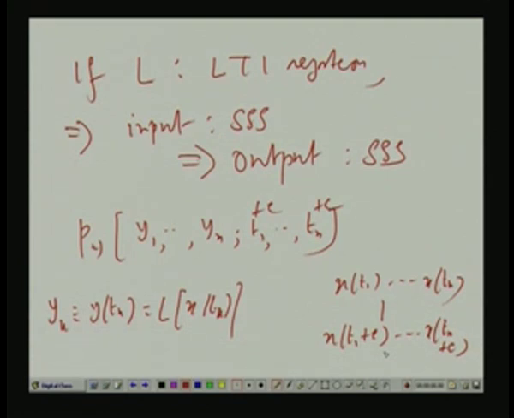Where the LTI property comes in is this: if y of t1 is L of x(t1), then because of time invariance, y of t1 plus c is L of x of t1 plus c, and likewise y of tk plus c.